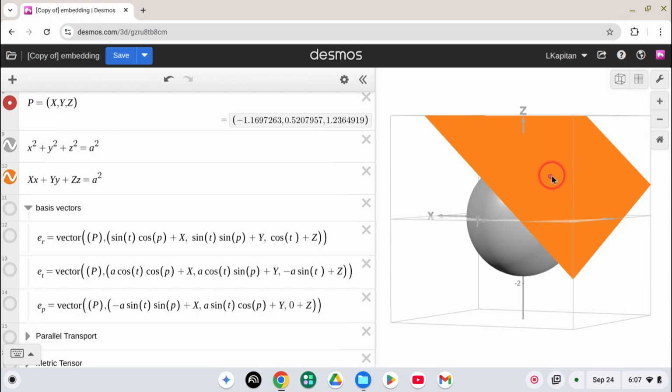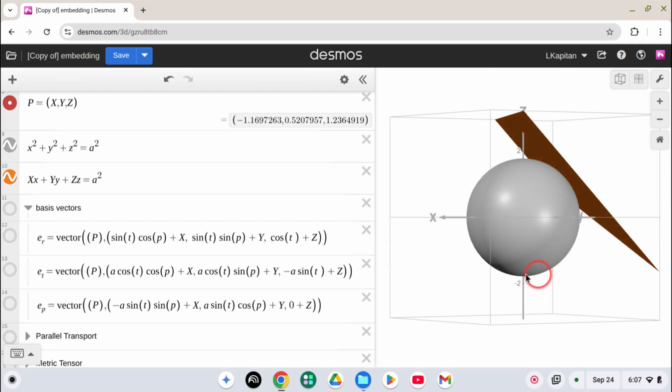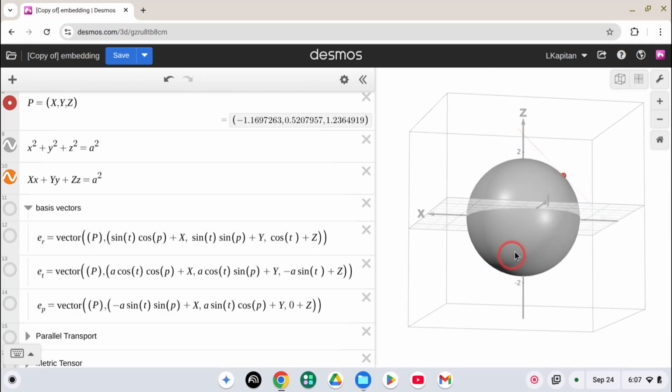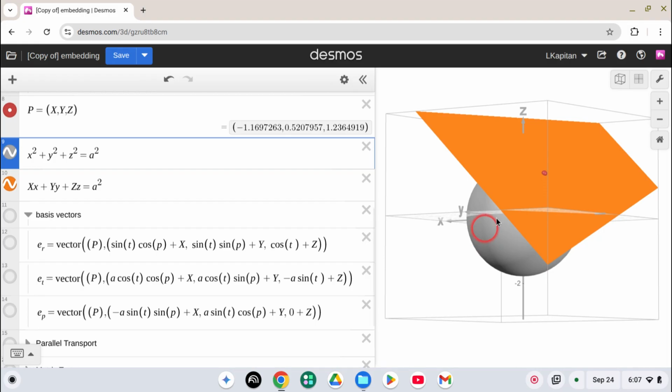You need to plot them at that point on the tangent plane because that's the whole logic of this, that you're doing this work in a tangent plane at that point, right? So you can see I started at point P, and here's my derivative. And then you have to add that value to the transpose X. Otherwise, it'll put it somewhere else, okay? So it puts it there, and here's all three. So here is E_r, E_theta, and E_phi.